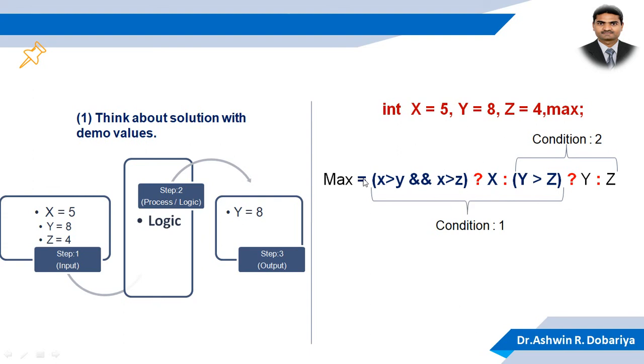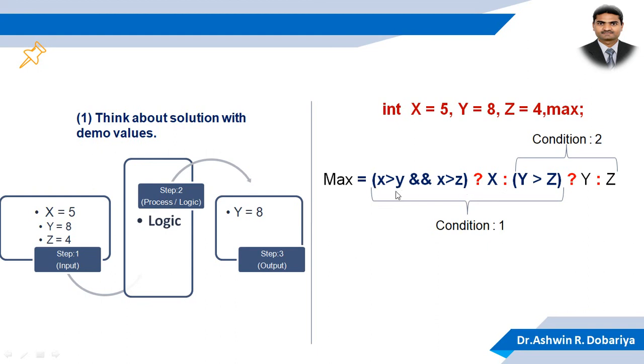So max is equal to, now in the ternary operator the first part is the condition part. Before the question mark it is known as the condition part, which generally we write in an if, but here we cannot mention the if keyword. Without if, whatever condition expression there is, we have to mention in brackets. So here first x will be compared with the 2 other variables: x greater than y and x greater than z.